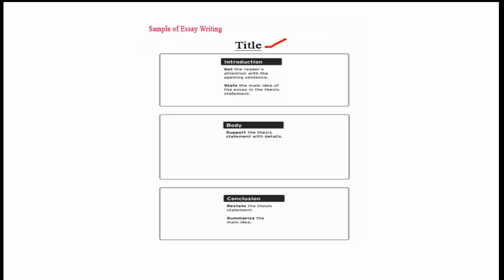Title first you have to mention, then followed as an introduction to introduce the title so that the readers will be attracted to your reading. Then connecting, that means paraphrasing, that means the expression with the title, the continuity should be there. Explain in the body as much as you can, keeping in mind the word limitation that is given to you. And then finally you write your conclusion. So this is the essay format.